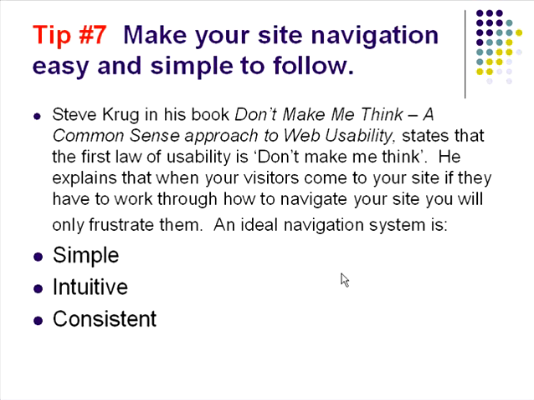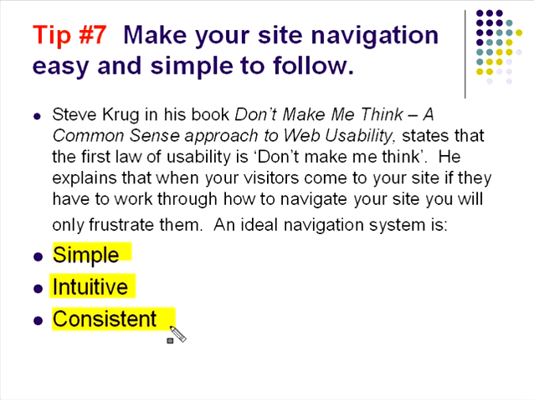Now, an ideal navigation system is simple, it's intuitive, and it's consistent. Those are the three characteristics of any ideal navigation system. It must be simple, it must be intuitive, meaning that the visitor can just look at the navigation system and without even thinking know that this is a navigation system, and it must be consistent from page to page.